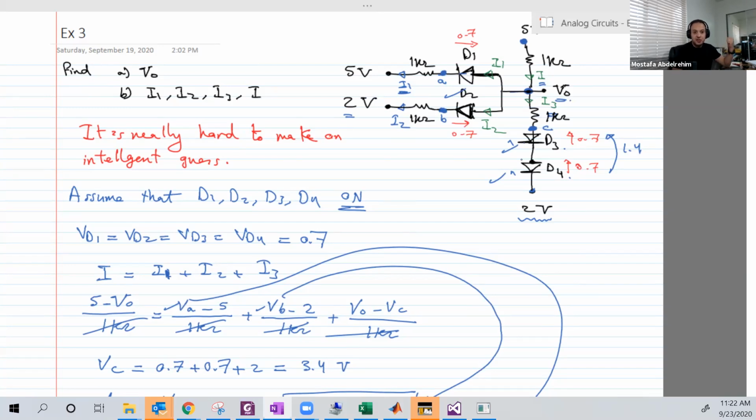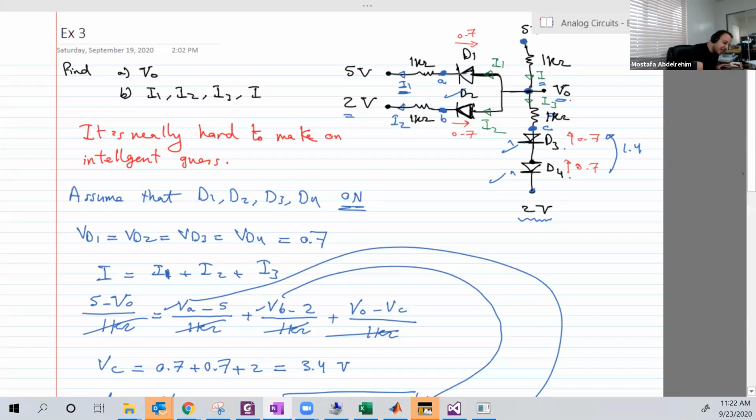And we can assume that the diode that we got negative current flowing through is off in the next assumption. That may be closer to the good answer. It's not proved yet. We should prove or disprove again. It's not definitive. It's just some smart guess.